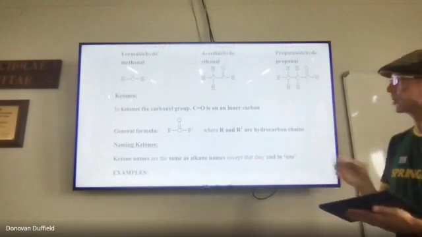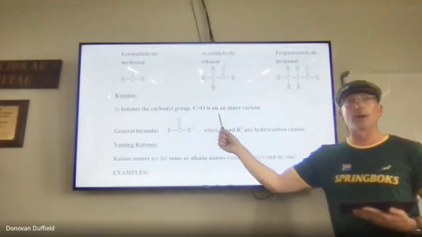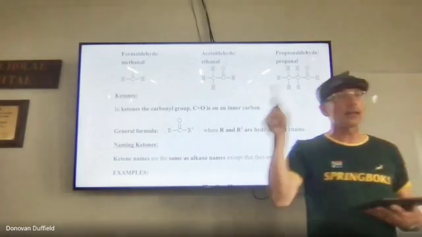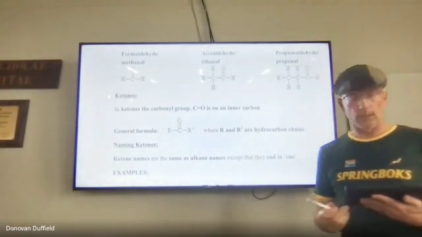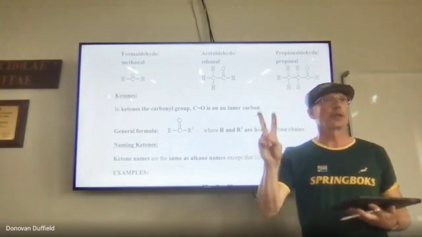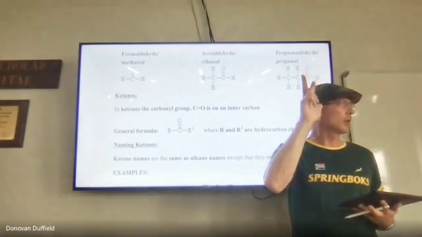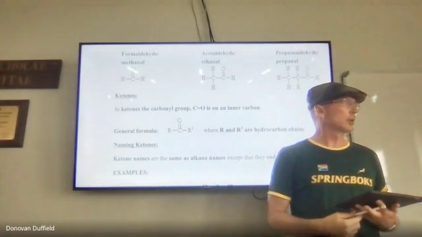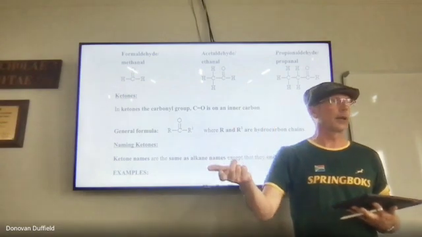In other words, the C double bond O now is not at the end, but is inside the chain. Right? So you can't have a 2-carbon ketone. Your smallest ketone has got 3 carbons, because if there's 2 carbons, it's always going to be an aldehyde.